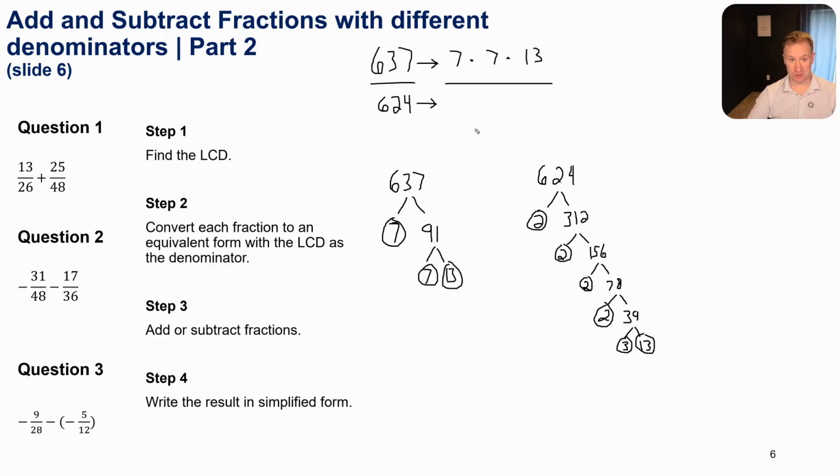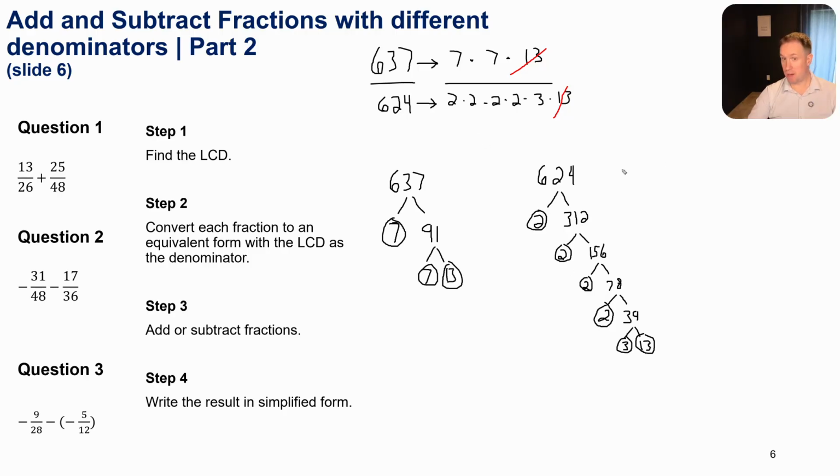So at this point, you might actually now see which is a common factor between that. That's the 13s, right? Now, if I was to list these out though, 2 times 2 times 2 times 2 times 3 times 13, and I was to compare these, and when I'm simplifying, I'm just eliminating factors, I can see that I'm eliminating a factor here, 13, and eliminating another factor here, 13.